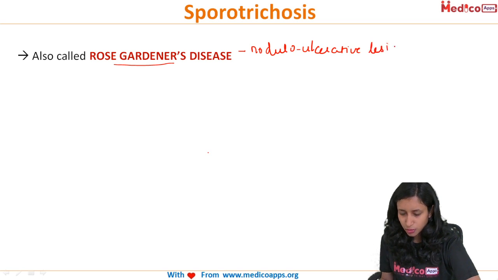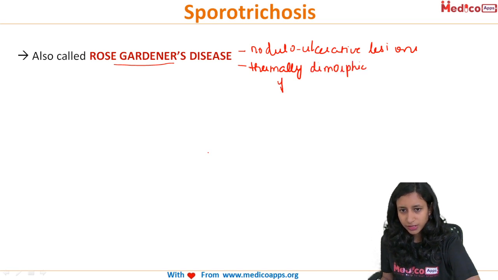So these are nodular ulcerative lesions, and it is caused by a thermally dimorphic fungus which is known as Sporothrix.